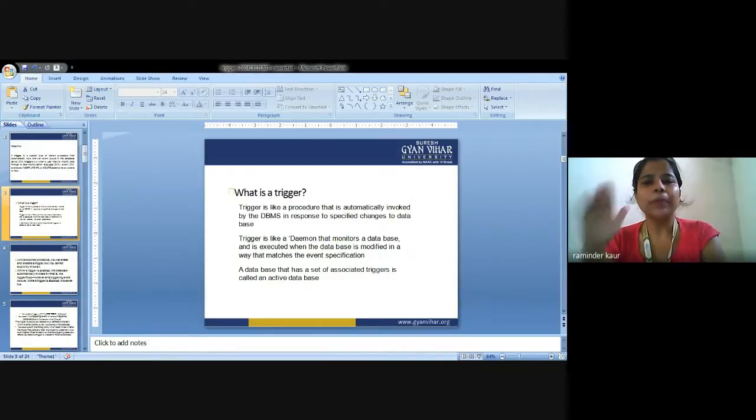So the primary advantage of instead of triggers is that they enable views that would not be updatable to support updates. For example, a view based on multiple base tables must use an instead of trigger to support inserts, updates, and deletes that reference data in one or more than one table.